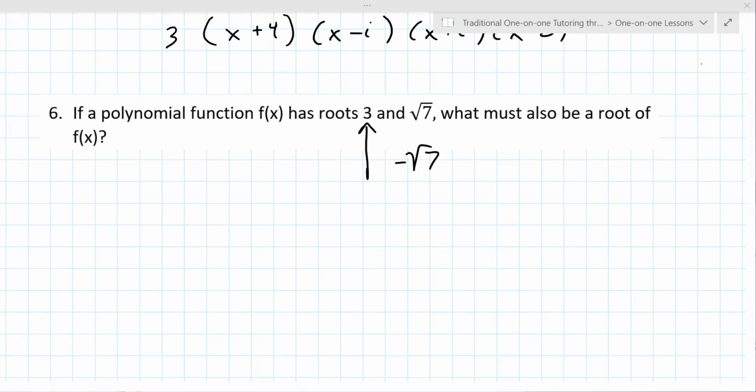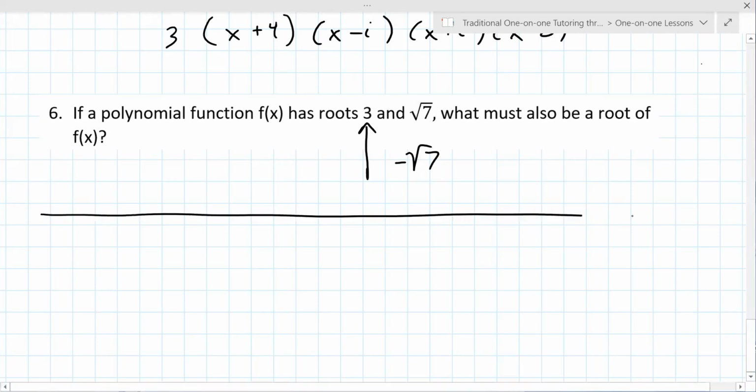Okay, so now we're going to go back to 2, and I've got to give you more information to do 2. So before I do 2, full disclosure here, roots can also be presented this way. It can be like 2 plus the square root of 3, and it's paired with 2 minus the square root of 3.